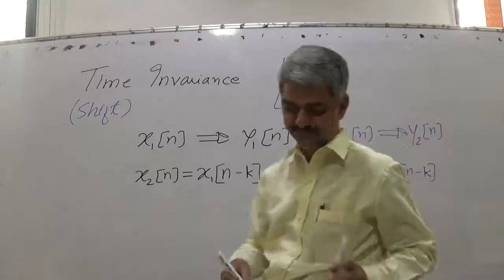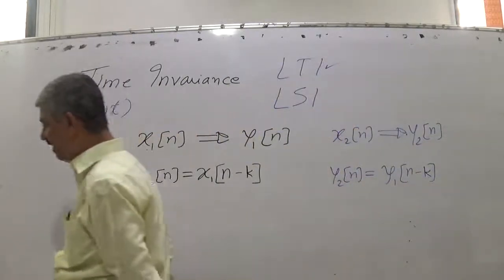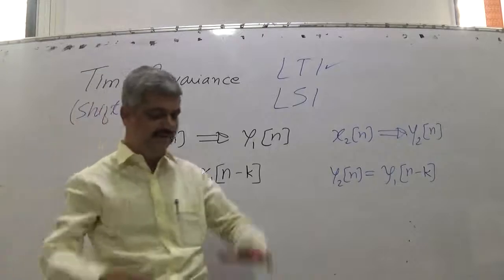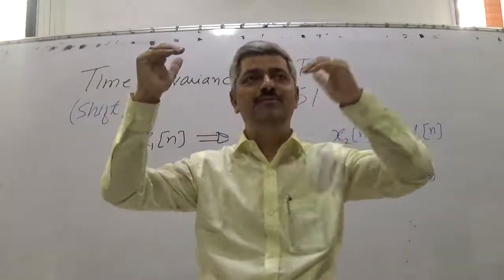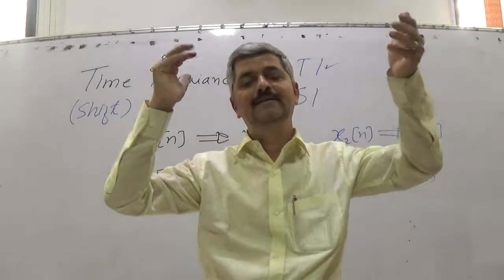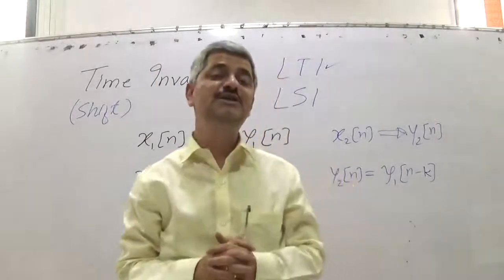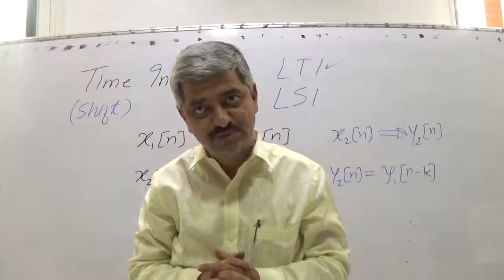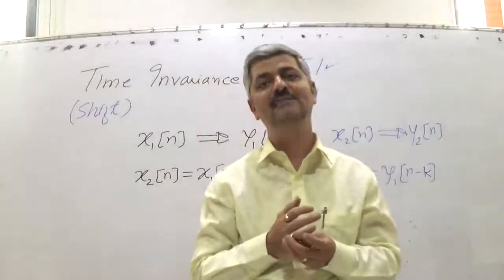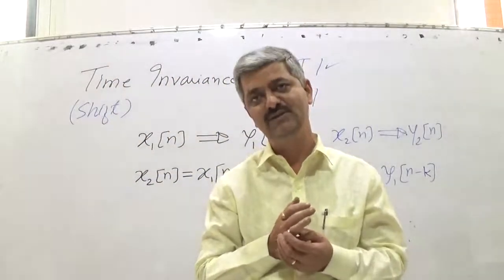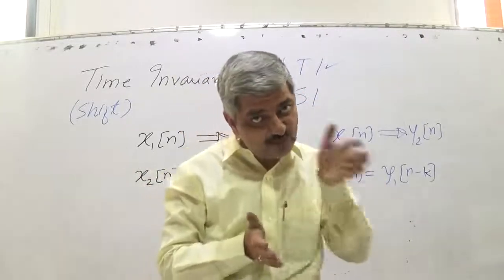Means if there is a system, to the system I apply one input, I obtain one output. If I apply another input which I prepare by shifting the original input, and I apply that, then I will obtain some output.